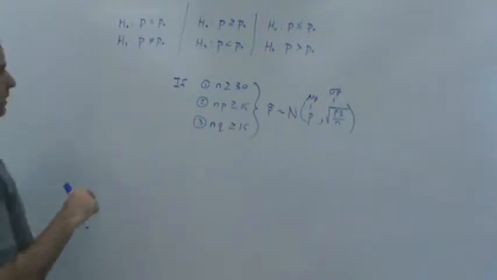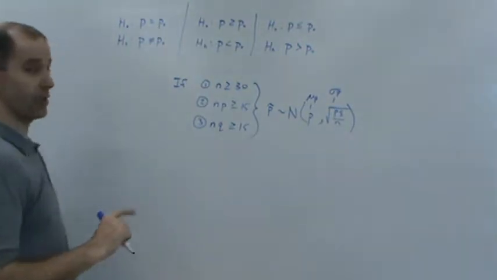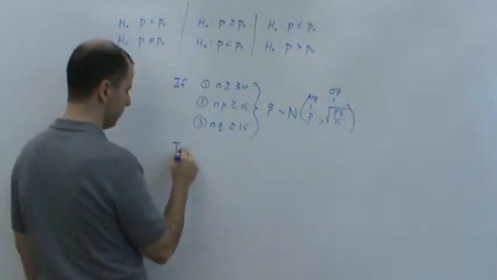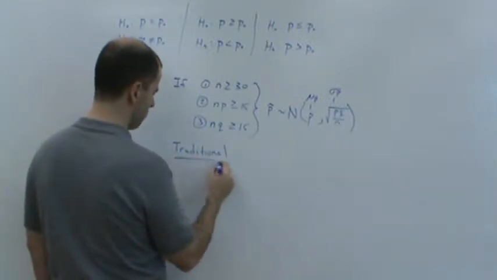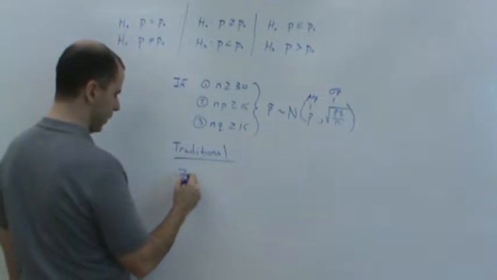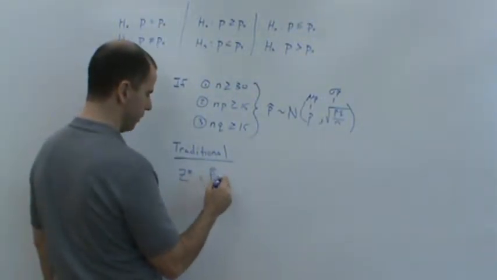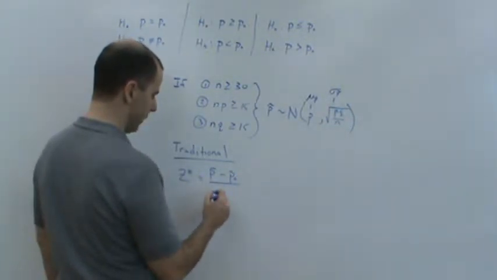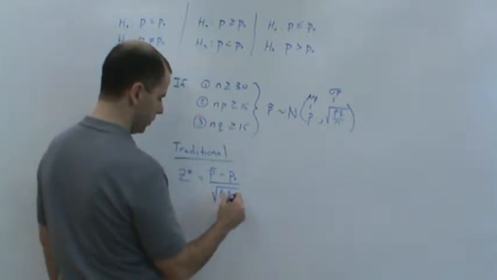So now, if this is true, and we have this distribution, then we can do our tests, right? So we can do the traditional method. With the traditional method, we can calculate our z star, which in this case would be equal to p hat minus p0 divided by the square root of p0 q0 over n.